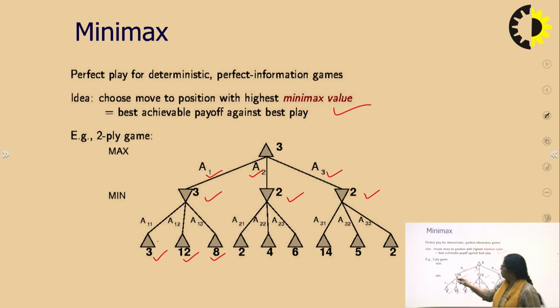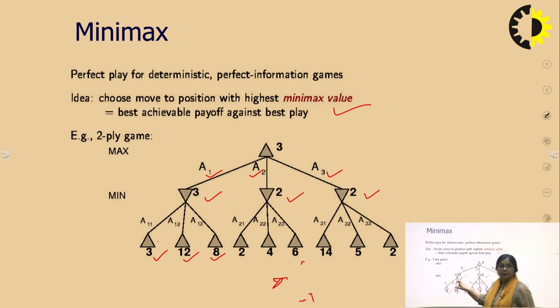Min will select the minimum value. It will see the successors, which are terminal nodes, so Min is able to calculate the min value from the terminal nodes. Max couldn't do that because the successors of Max were not terminals.